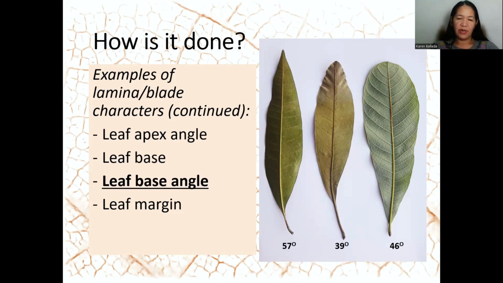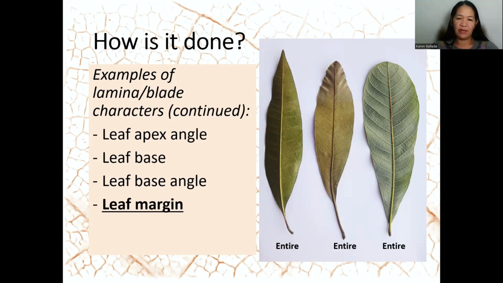Okay, and then of course, this one is the actual measurement of the leaf base angle. So as you can see there, they all correspond to the description or the kind of leaf base that is observed in this plant specimen, which is actually acute. They are all less than 90 degrees.